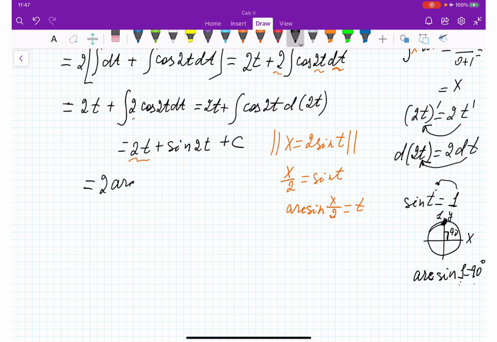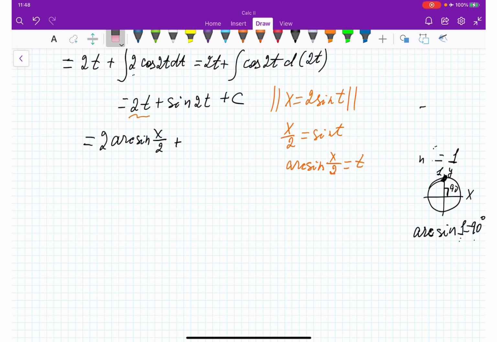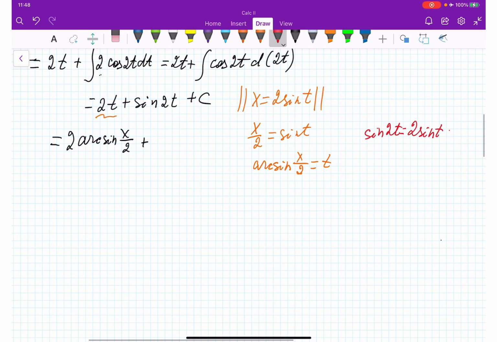It is going to be 2 arc sine x over 2, plus. Now let's take sine 2t. Sine 2t I'm going to write down is equal to, let me clean this drafting, sine 2t is equal to 2 sine t cosine t.